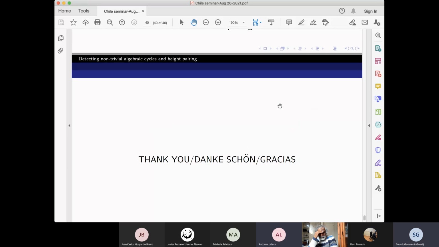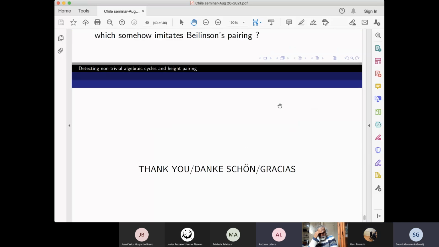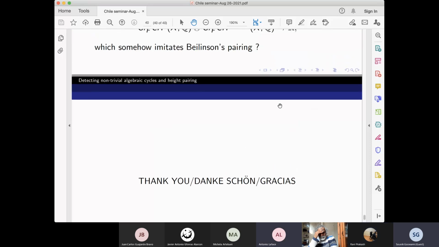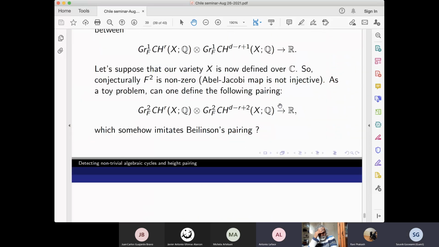Right, yes, the filtration is conjectural. Then the purpose of the last one, if I got it correctly, was to produce a pairing between the pieces of this filtration. Yes.